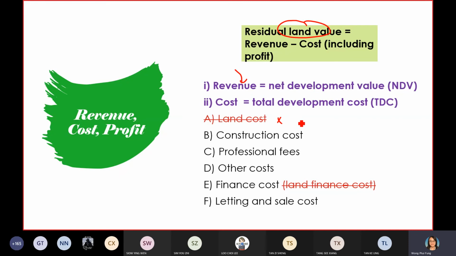You no need to calculate the land cost because the residual method requires you to calculate the land cost. So definitely this part you can ignore. Under the funding cost, you have the land finance cost, the stage number 1, you also remove. So these are some major changes involved in the residual method.